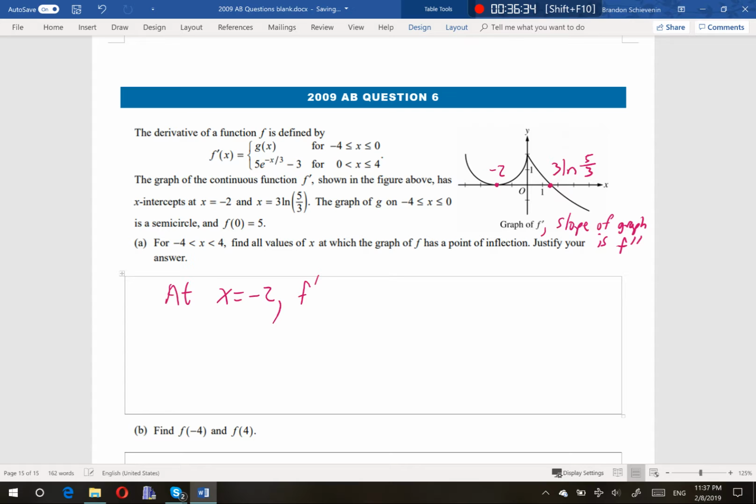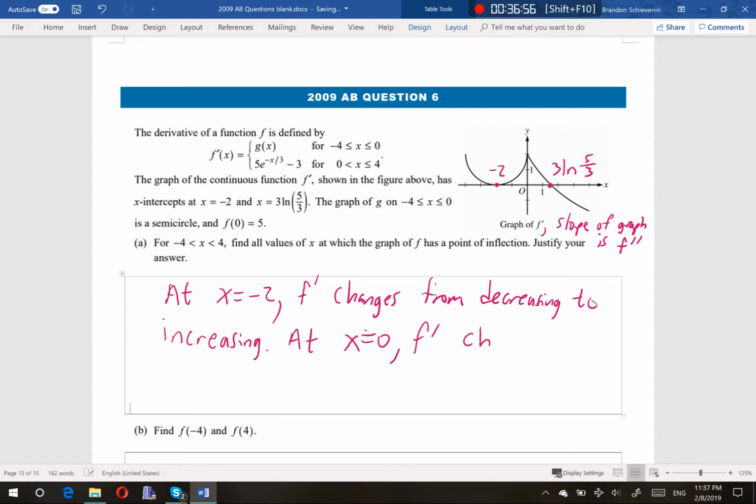I could say f prime changes from decreasing to increasing. At x equals 0, f prime changes from increasing to decreasing.